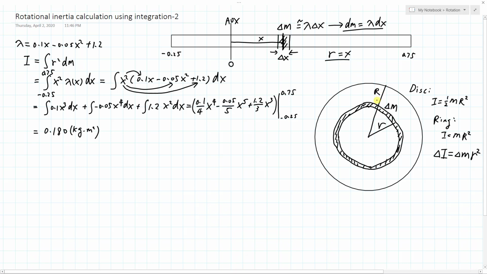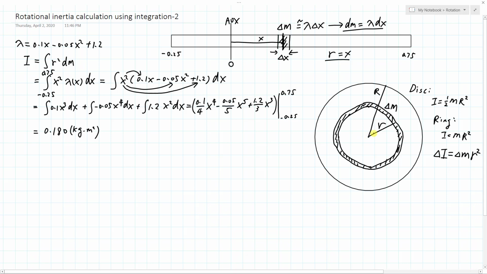Okay, so back to our thought. If I could draw all the different concentric rings, each ring will have a small amount of mass, and I bet the masses are different, right? If I cut them all the same thickness, then the smaller rings will have less area and less mass.